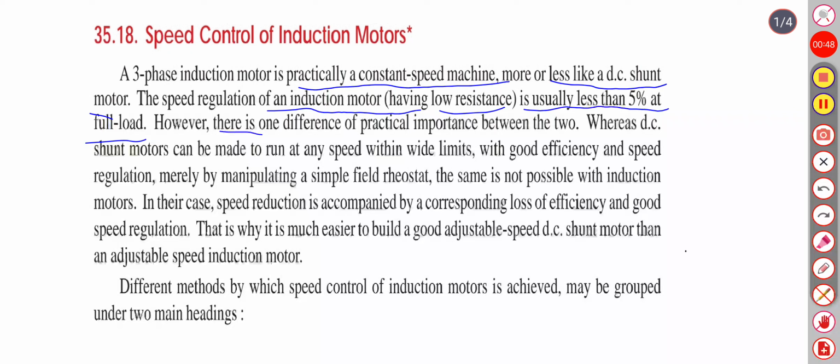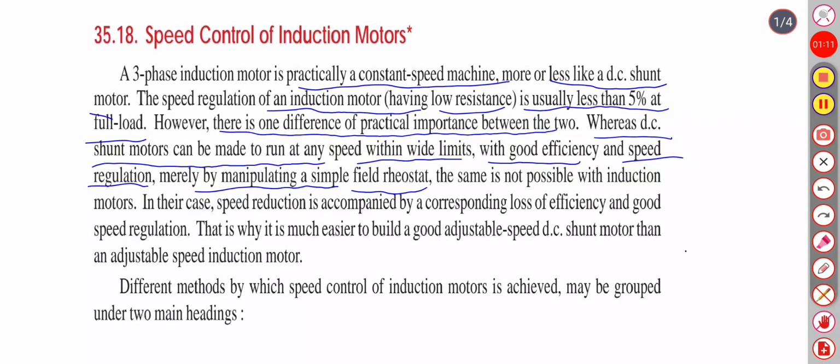There is one difference of practical importance between the two. A DC shunt motor can be made to run at any speed within wide limits with good efficiency and speed regulation merely by manipulating a simple field rheostat. The same is not possible with induction motors.